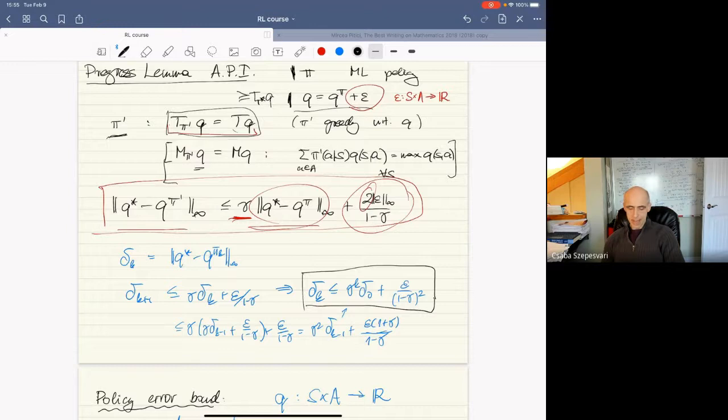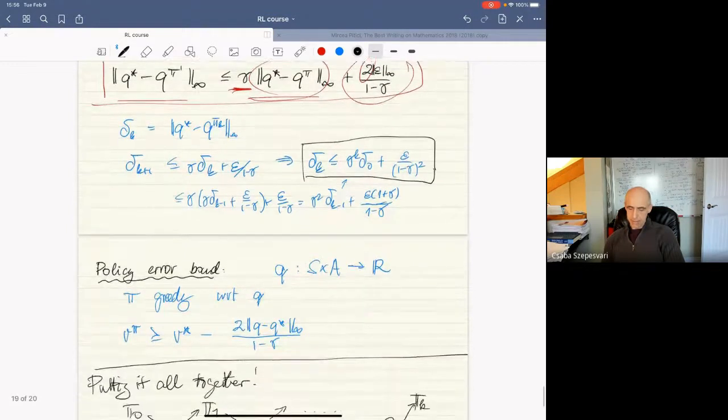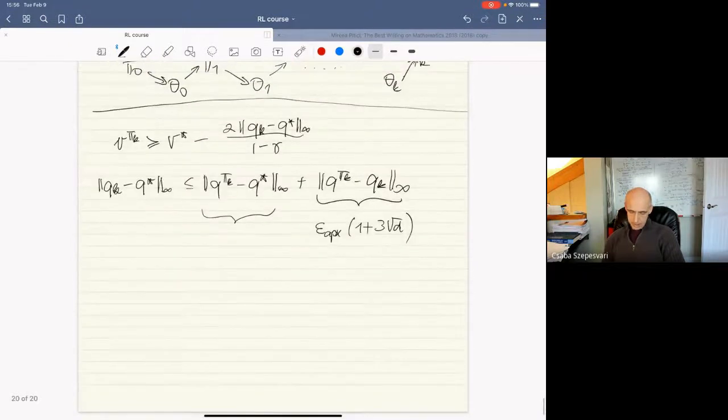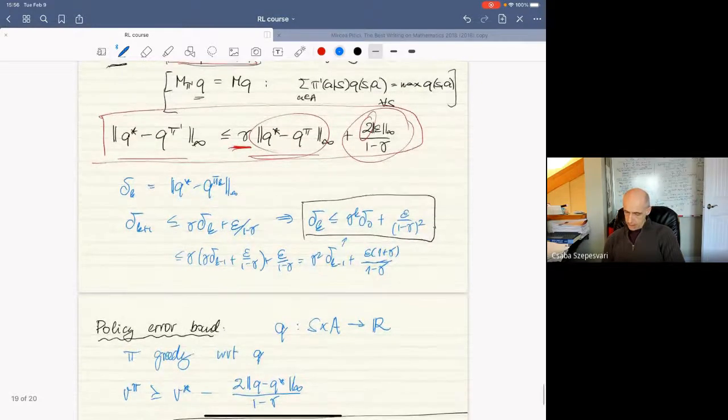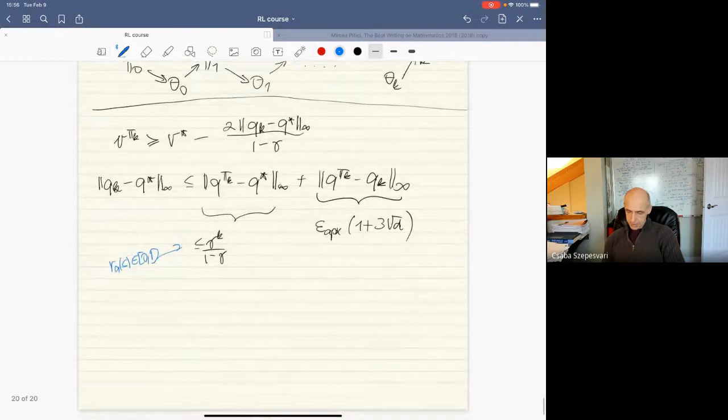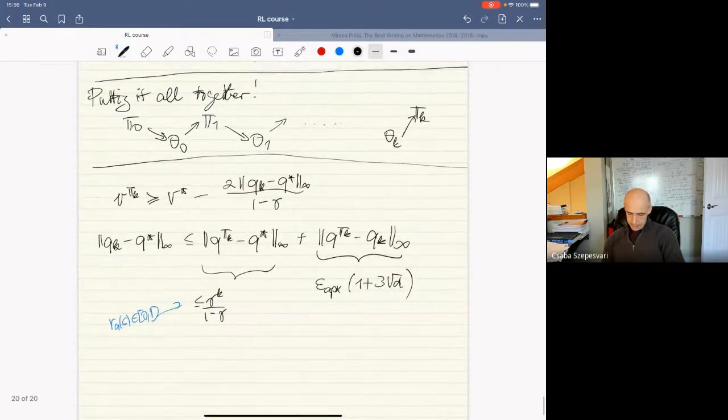So for the k-th iteration, this is smaller than or equal to gamma^k divided by 1 minus gamma. We're going to make the assumption that the rewards are in [0, 1]. You always just make this assumption whenever it's convenient. We have enough trouble even without this assumption.